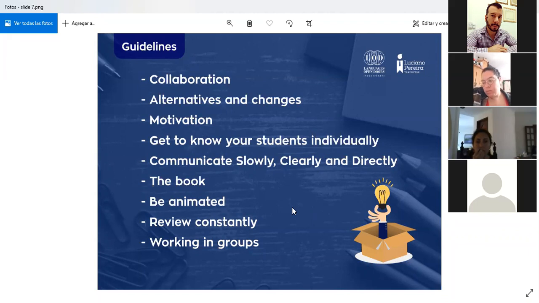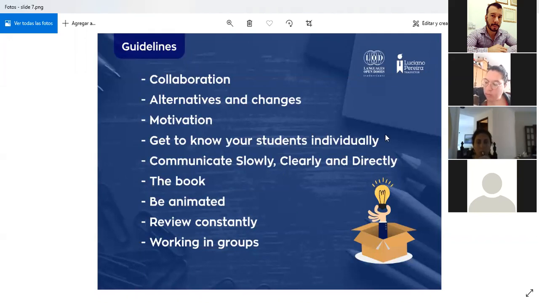Next, get to know your students individually. Well, I know when we're working with big groups, that can be difficult. However, try to get to know at least one part of your student. For example, the field in which he works, his profession, what does he like, what doesn't he like.